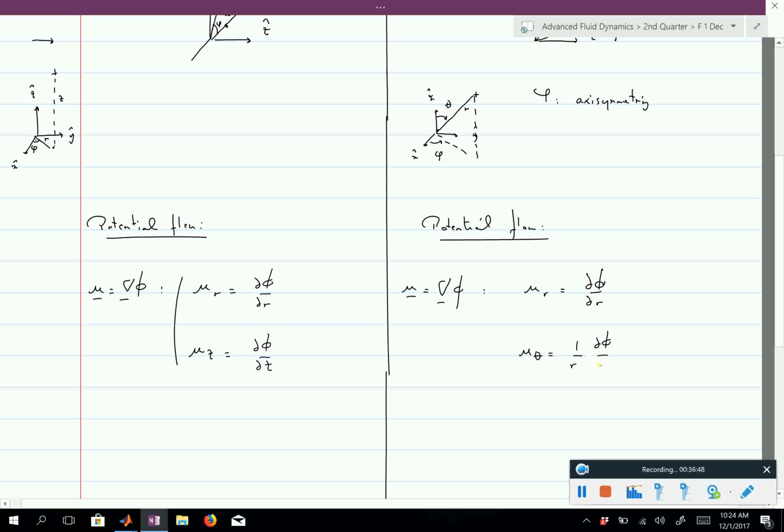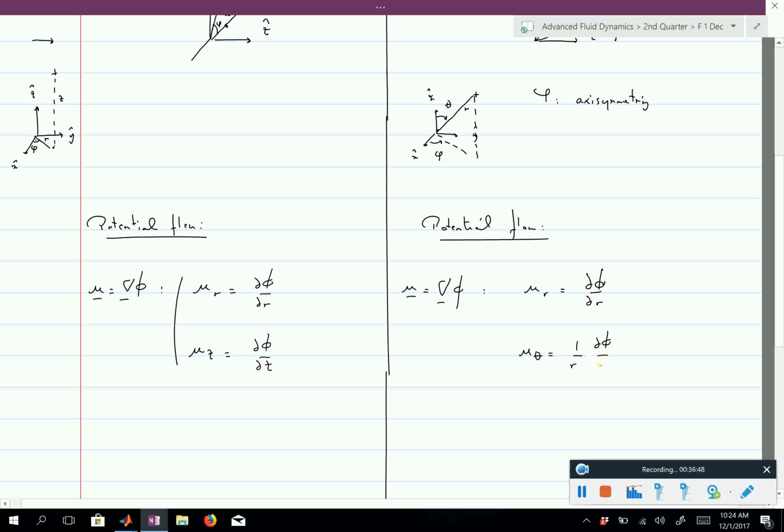And if you write it in spherical coordinates, ur is going to be 1 over r squared sine theta partial psi over partial theta, and u theta is going to be minus 1 over r sine theta partial psi over partial r.